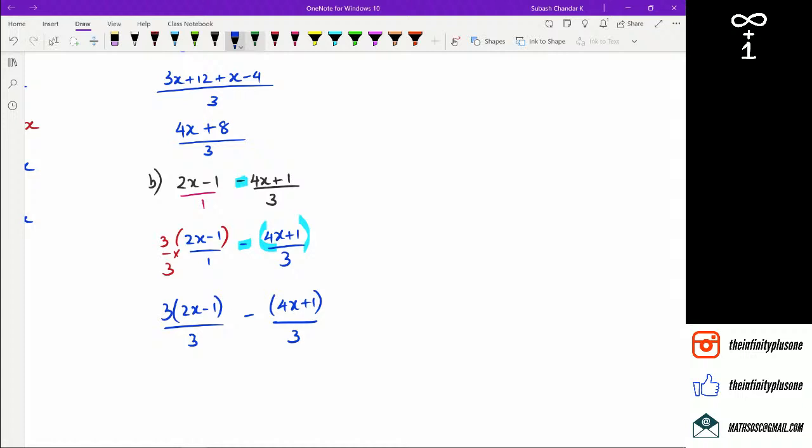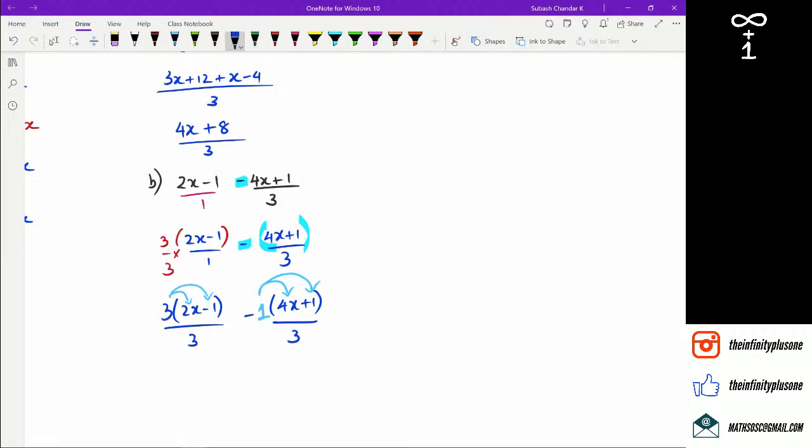So what's happening here is we've actually got 3 times 2x, 3 times -1, and the next thing is negative times negative. So imagine it like that. If there's a negative symbol, that means there's actually a number that's -1. So it's going to be -1 times 4x and -1 times +1.